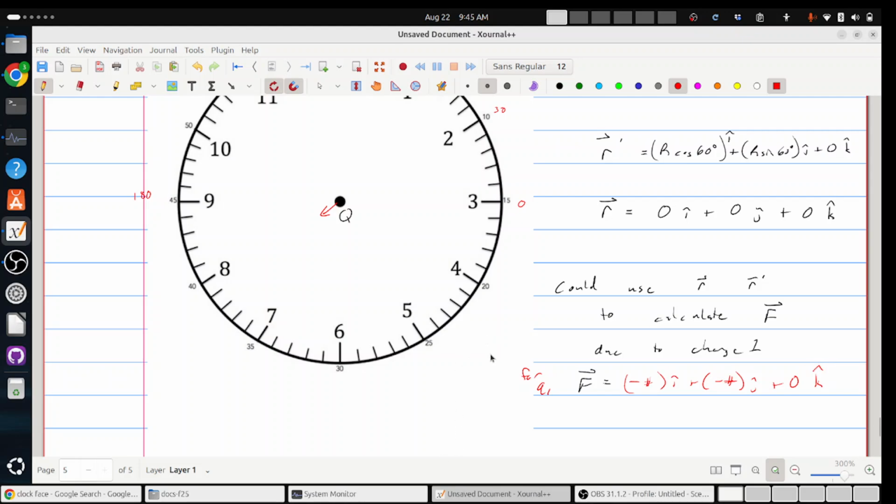Now, hopefully you can see that I don't have to go through and do all of this and plug it into the formula, because I know the magnitude of the separation and I know the direction, the angle.